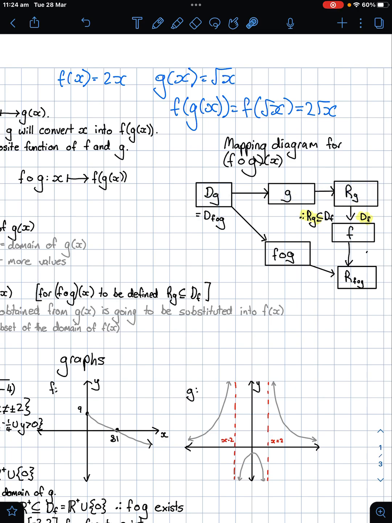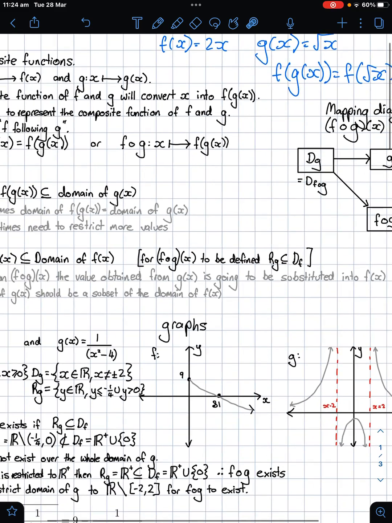For x here, x goes from 0 to infinity. The values we get out of this square root are 0 to infinity. We then need to consider that the range of g has to be a subset of the domain for this to exist. If it doesn't, we're going to have to do some jigging, like some rearranging.